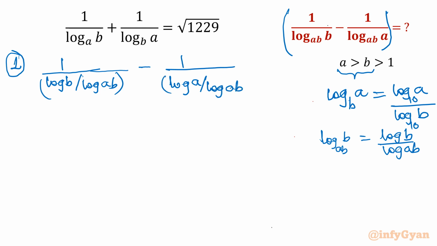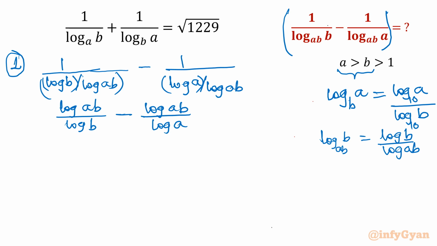Now log ab will go to the numerator, so it will become log ab over log b minus log ab over log a.